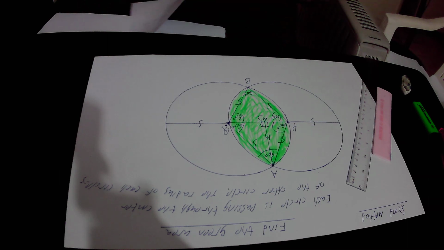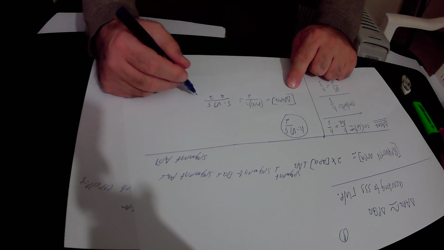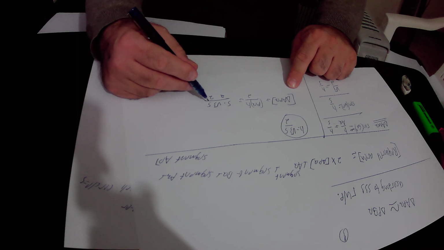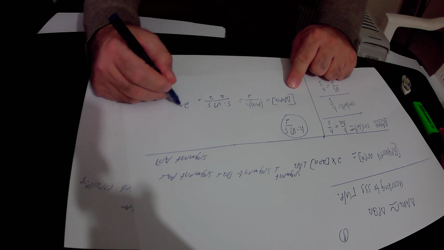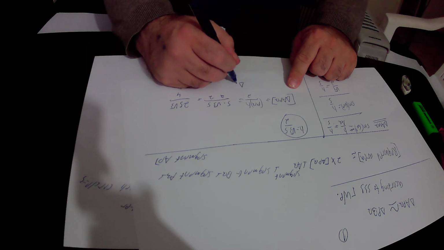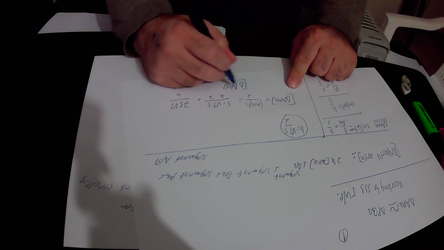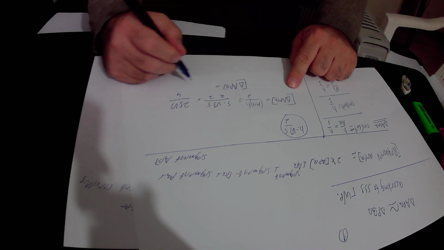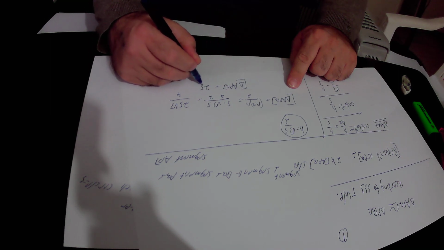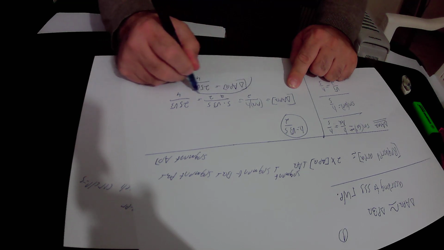So we found that the area of triangle APQ equals 5 times 5 times square root of 3 over 2 times 2, that is 25 times square root of 3 over 4 square units.